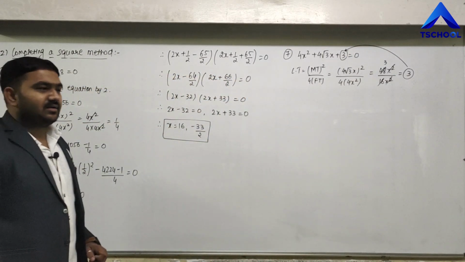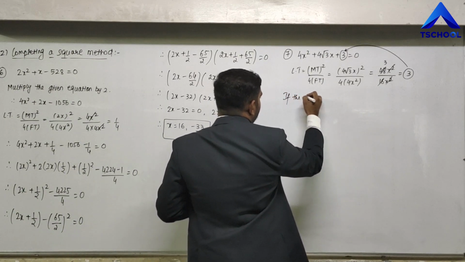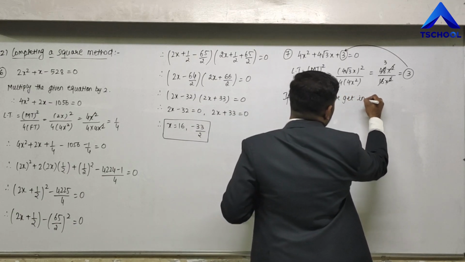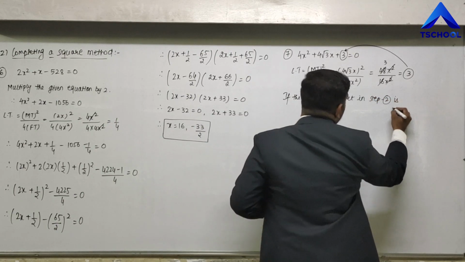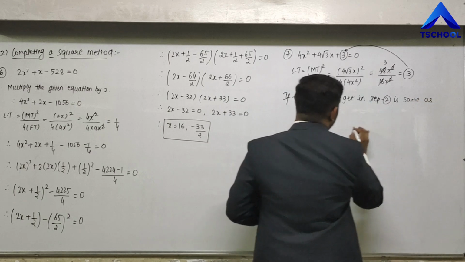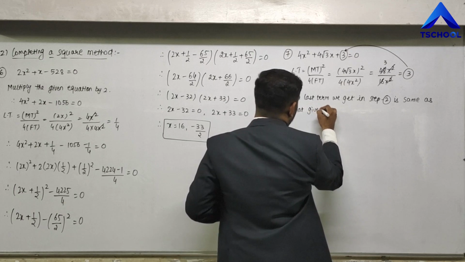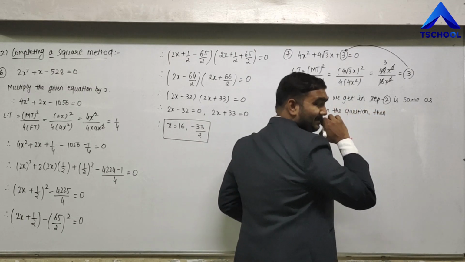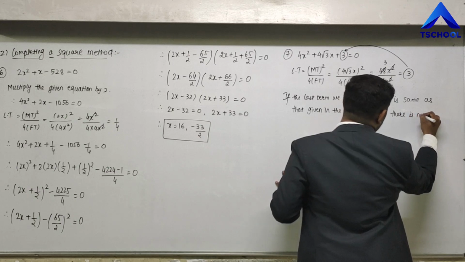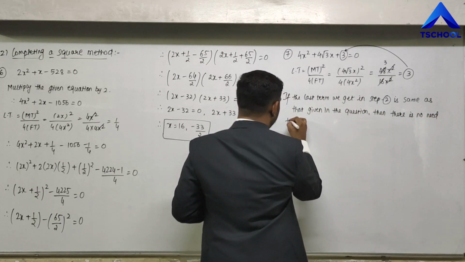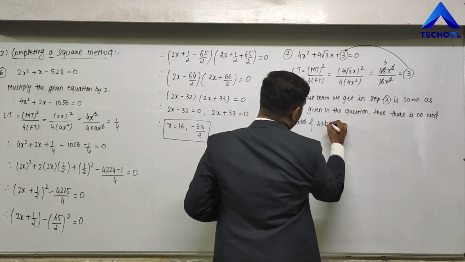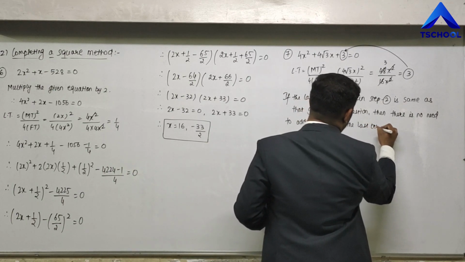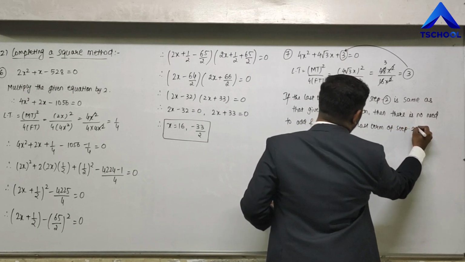So what does this indicate? This indicates that if the last term we get in step 2 is the same as that given in the question, then there is no need to add and subtract the last term of step 2, right?